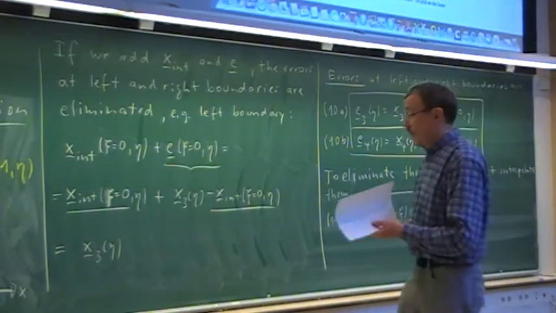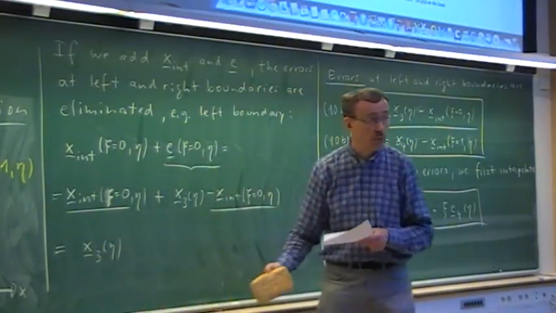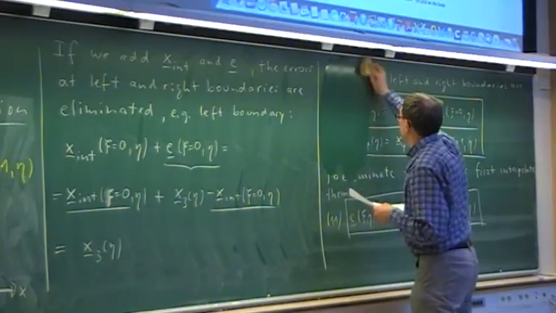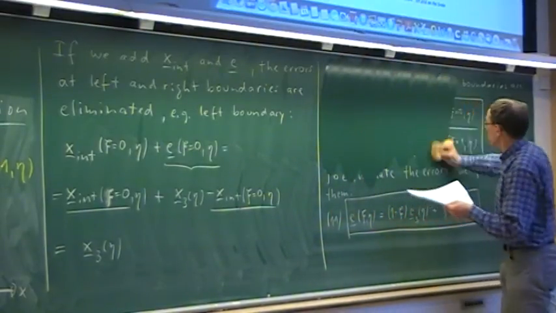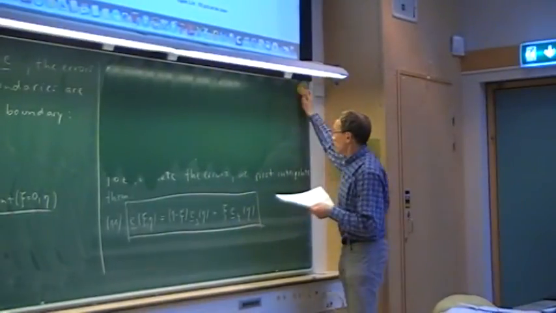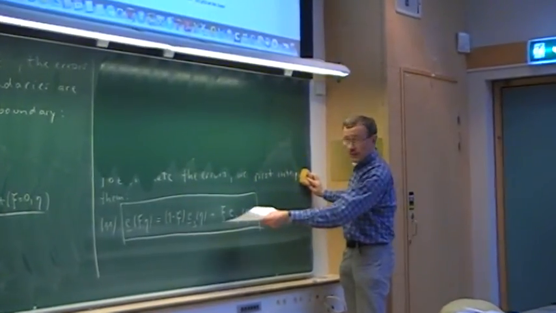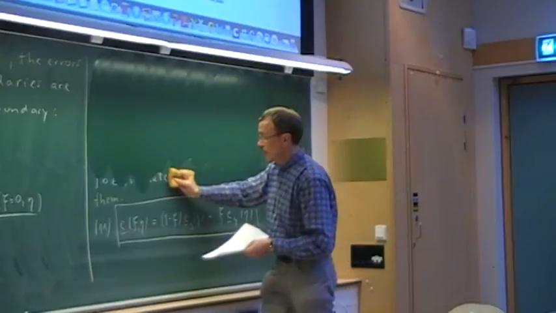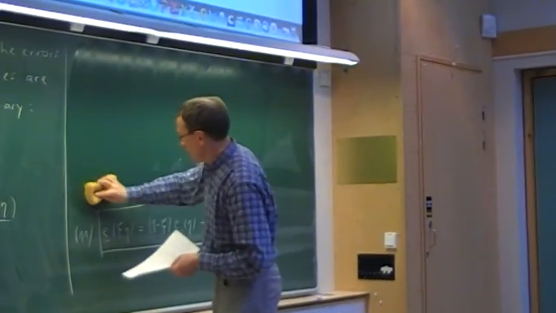So that is then the final transfinite interpolation when we do that. We add the interpolated coordinates between lower and upper and these errors where we have corrected at the left and right boundaries.